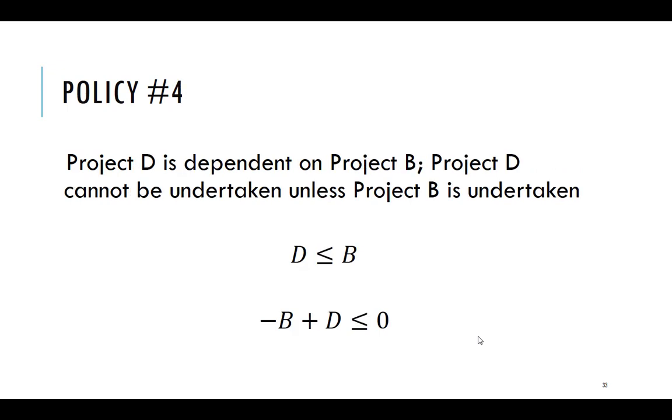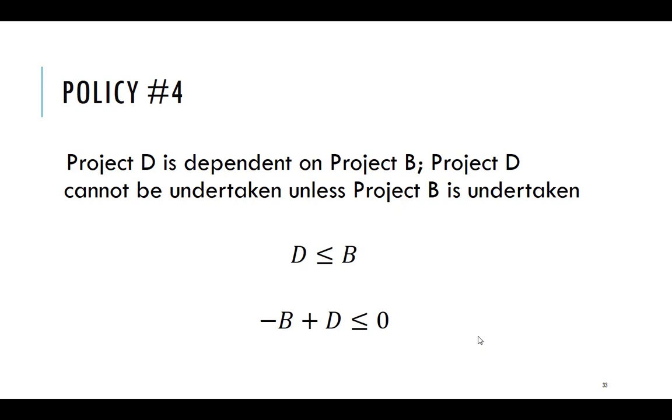Finally, we have policy number 4. Project D is dependent on Project B. Project D cannot be undertaken unless Project B is undertaken. So D is less than or equal to B. So what this does is says if B is 1, I fund Project B, then D can be started.